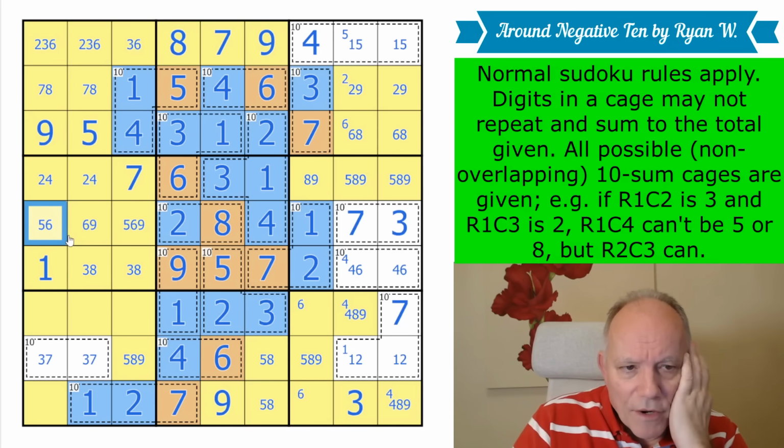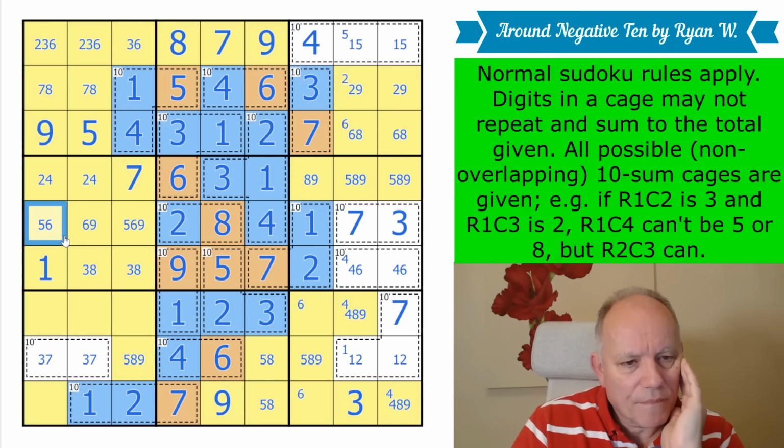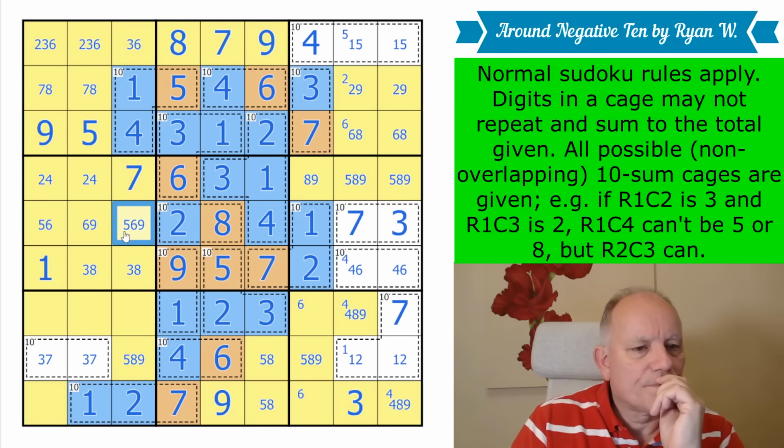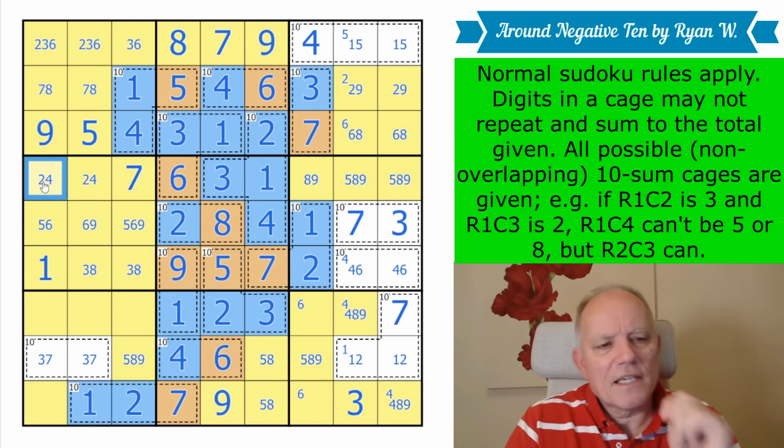Right, let's think it through again. If that's a 6, then this is 9 and this is 5. And if that's a 6, this has to be 2.